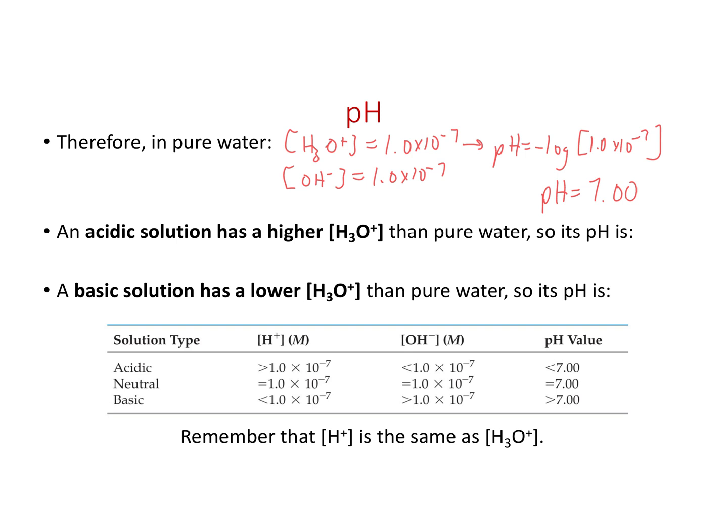In an acidic solution, we're looking for something that has a higher concentration of hydronium than 1 times 10 to the minus 7, and that would make our pH less than 7. In a basic solution, the opposite is going to happen. Our hydronium concentration goes down, our hydroxide goes up, and that's going to give us a pH of greater than 7.